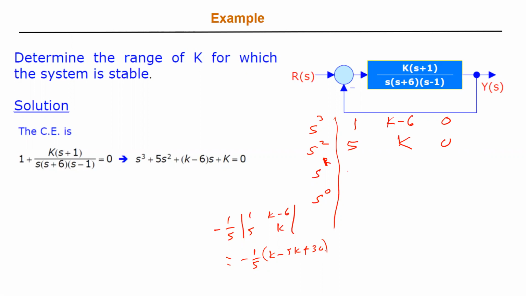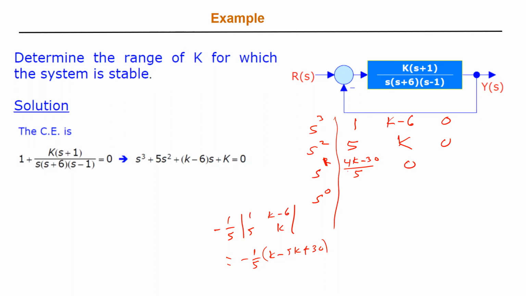If you simplify it, it's going to be 4K minus 30 over 5. What about the element in here? Again, divide by 5, using this column and the next column. But that column is 0, so I'll have 0 in here.